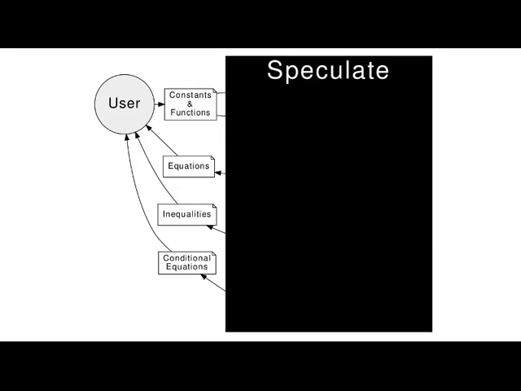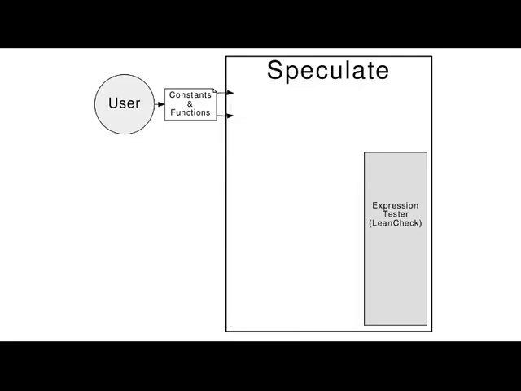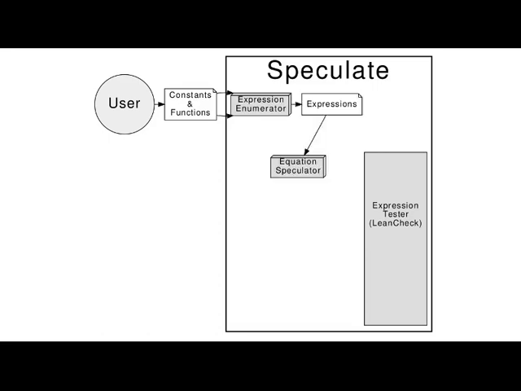Up to now, we have seen Speculate as a black box. The user gives it constants and functions, and Speculate spits out equations, inequalities, and conditional equations. But let's try to open the black box and see what's inside. There's quite a lot of stuff, but let's go through a few of them. We take the constants and functions and pass them to an expression enumerator, which enumerates expressions.